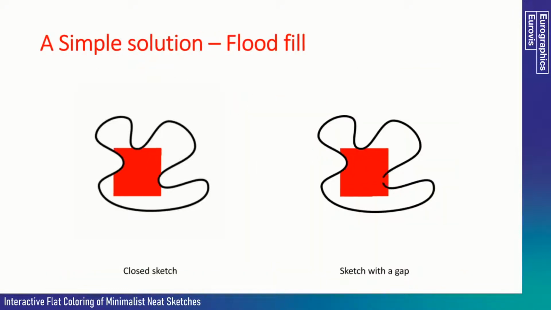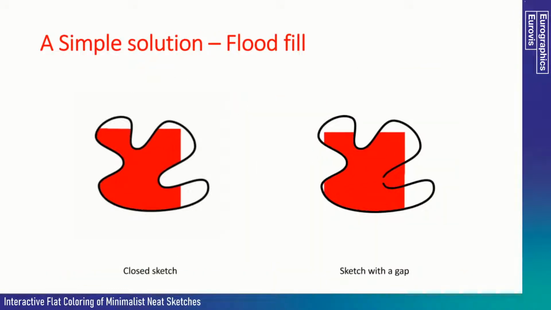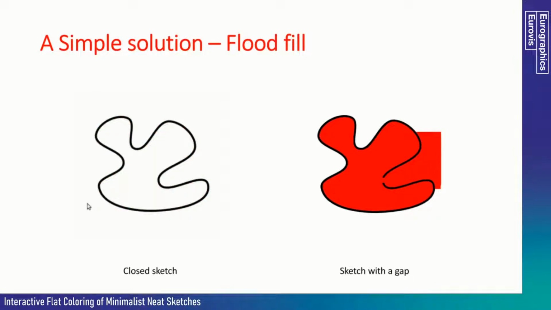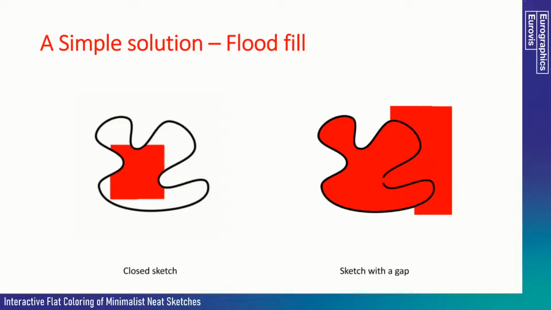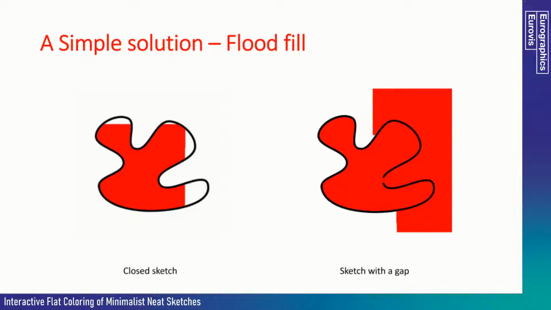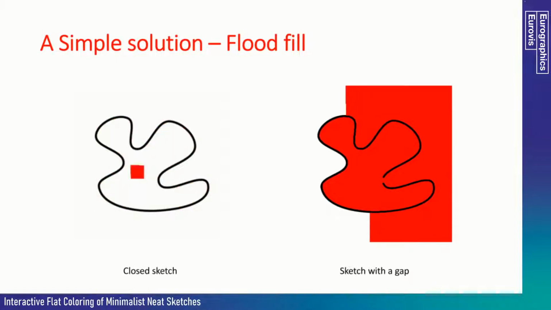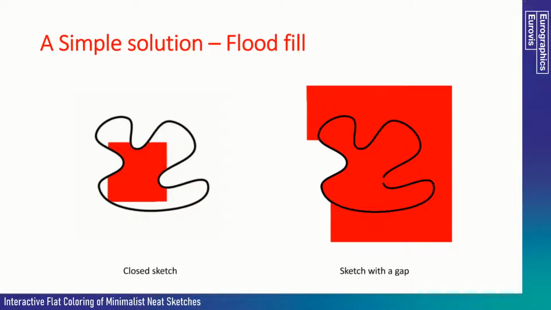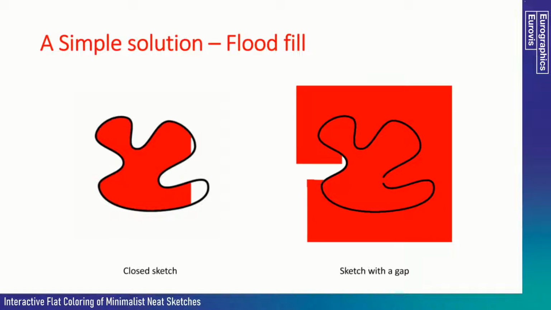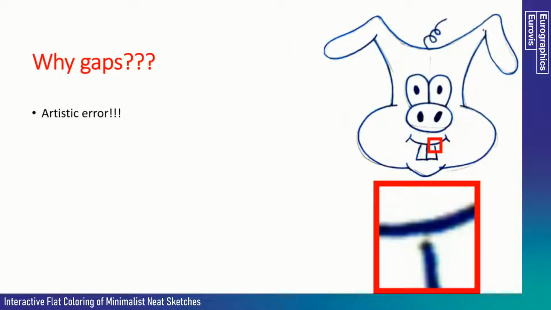A quick solution would be to use the well-known and straightforward flood fill algorithm. Though it is a simple and effective way to fill colors inside a closed boundary, unfortunately it fails if the sketch has some gaps. And these gaps may occur because of various reasons.